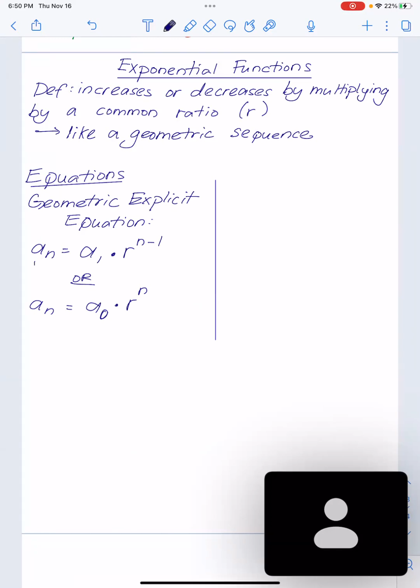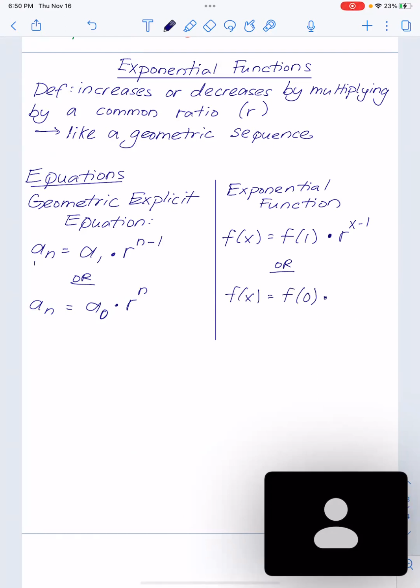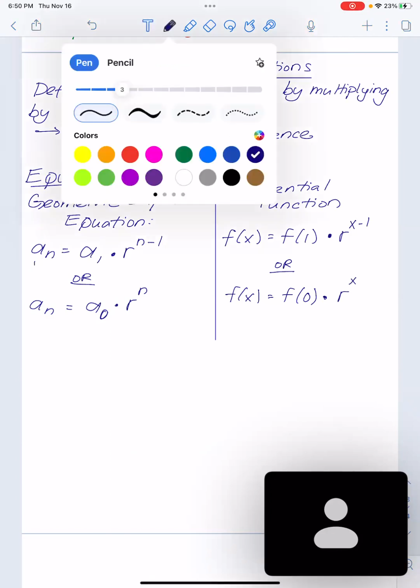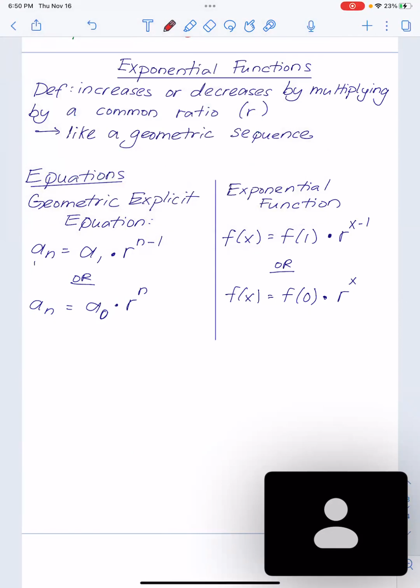Okay, so that was unit 1. In unit 2, we're going to think of these as exponential functions. But they're going to look almost identical. So this time they're going to look like this: f of x is equal to f of 1 times r to the power of x minus 1, or f of x is equal to f of 0 times r to the power of x. Now, notice these look very similar.